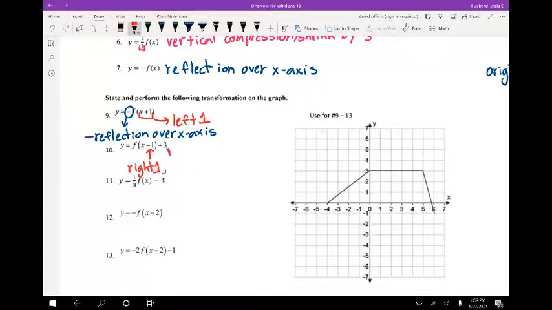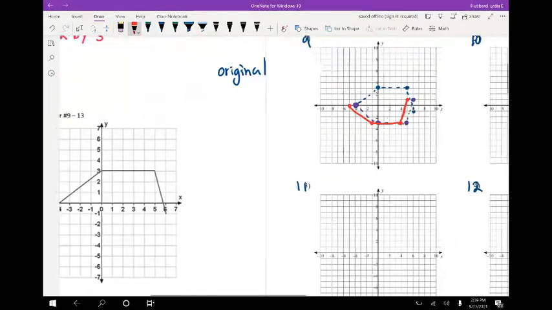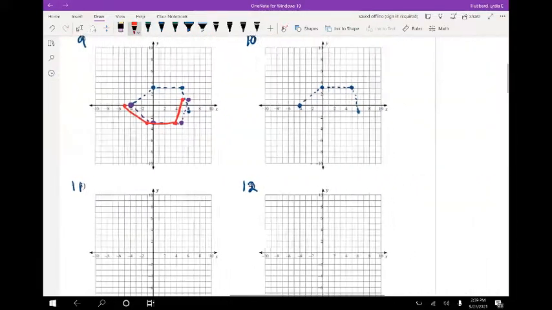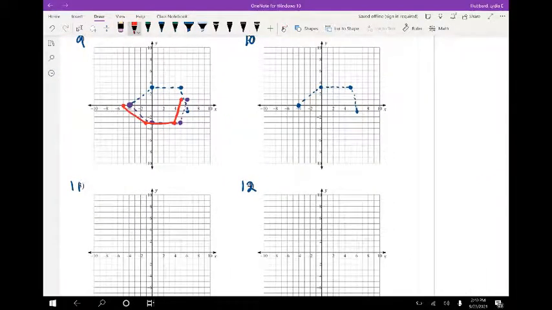And that plus 3 on the outside, that is a shift up or down. And it's the same as what we think. So we're actually going to be shifting up. I'm sorry, it's the same as what we think. I believe I said that, up 3. So we'll take everything on this graph that we just had, and all we need to do is move it to the right one and up 3. Oh, I'm sorry.